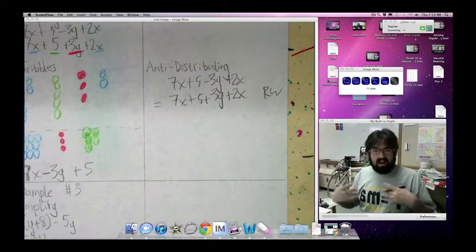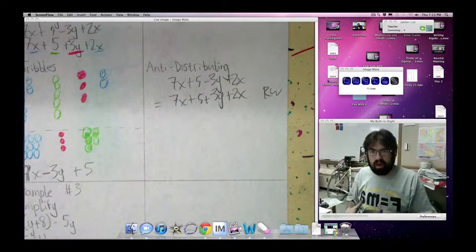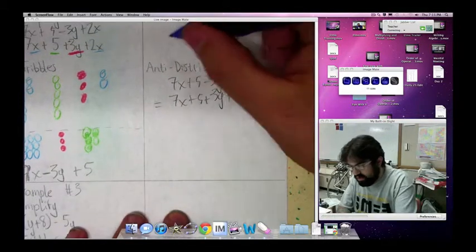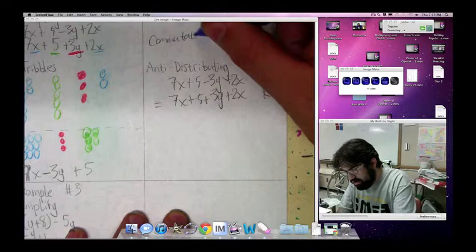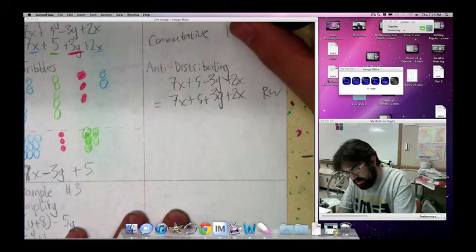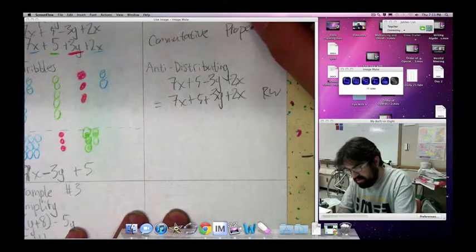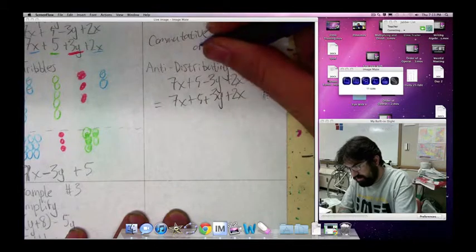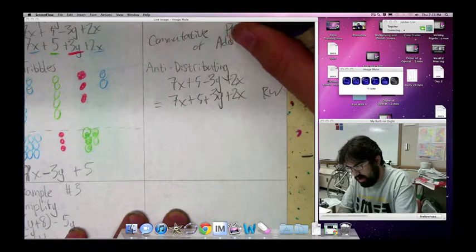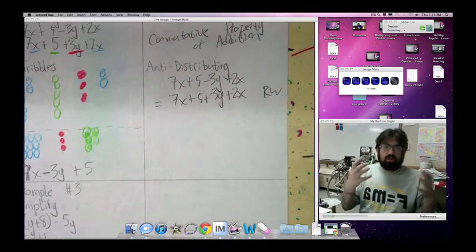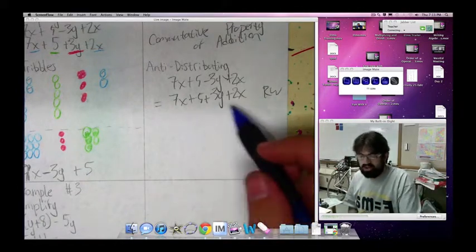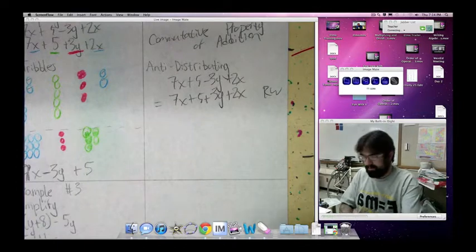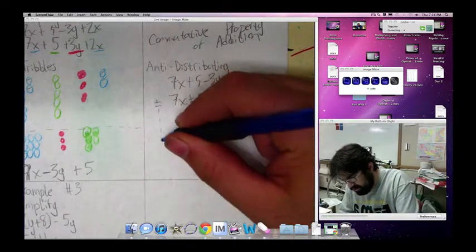Next, because of the commutative property of addition, I can rearrange all of these. That's where this starts to become amazing. I can start moving stuff around because they're all addition signs. So powerful. I'm going to put a balance sign, of course.